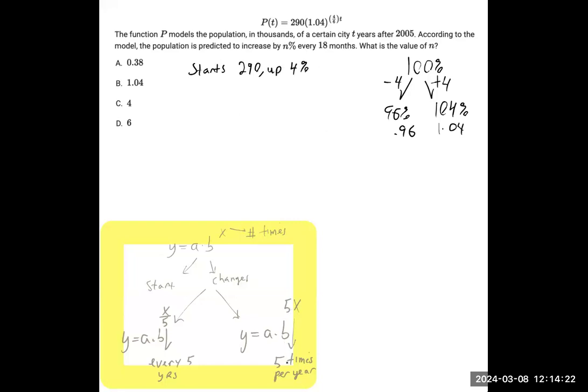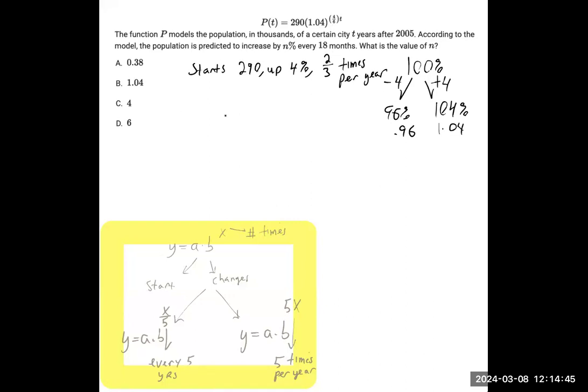And if 5x is 5 times per year, then this is saying that it's happening 2/3, 4/6, which is 2/3 times per year. So in 1 year, it's getting 2/3 of its job done.